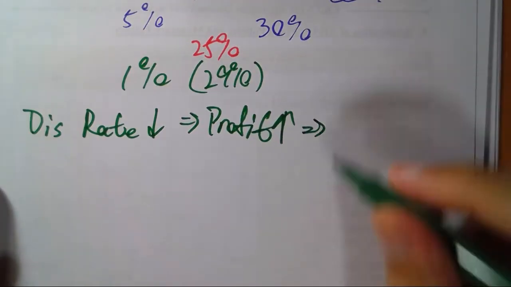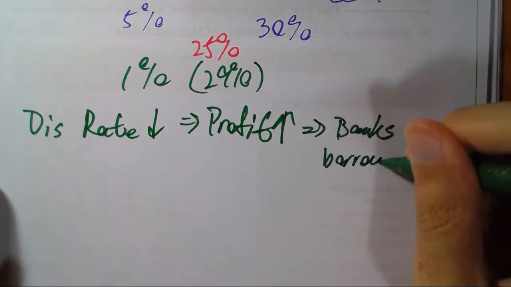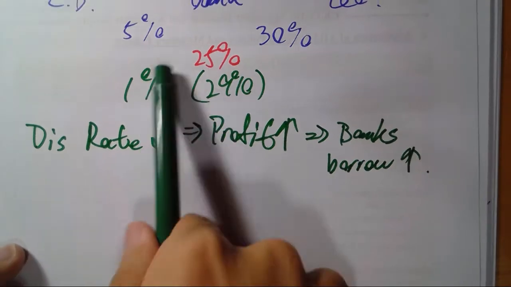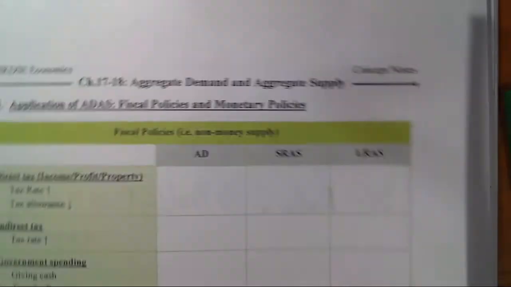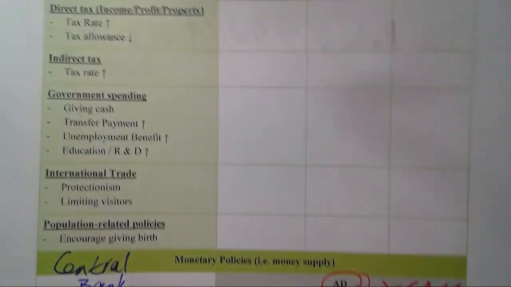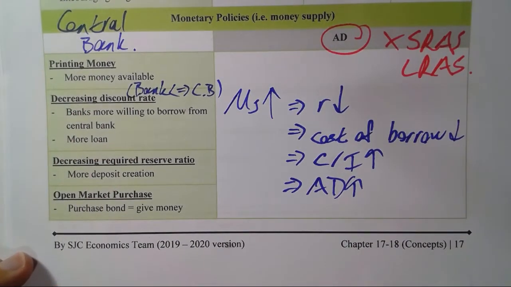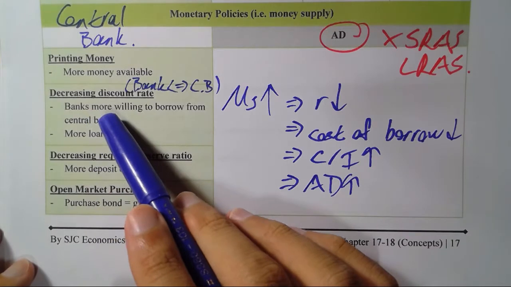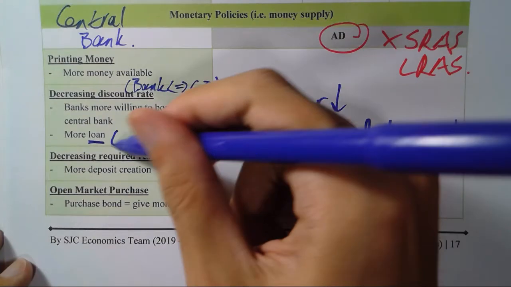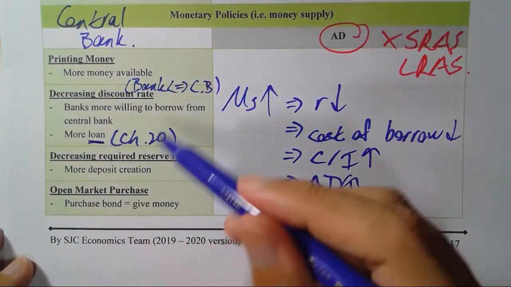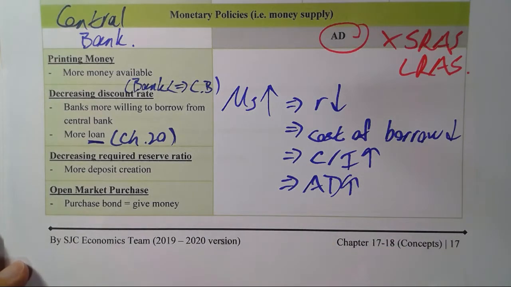Now, therefore, banks would borrow more to lend out. 係咪？佢會借多咗錢嚟到借俾我咯，唔係因為賺多咗錢啊嘛。So you see immediately with discount rate decreasing, it actually encouraged banks to make more loans. In chapter 20, if you remember, more loans equals more money supply, credit creation, right?